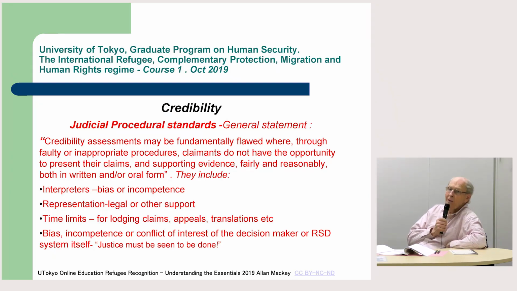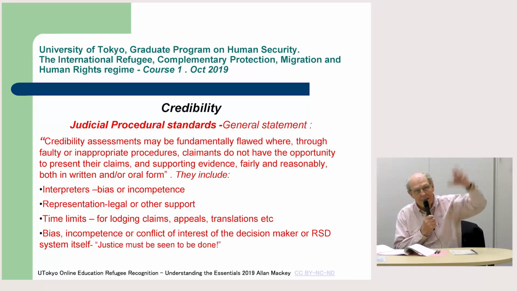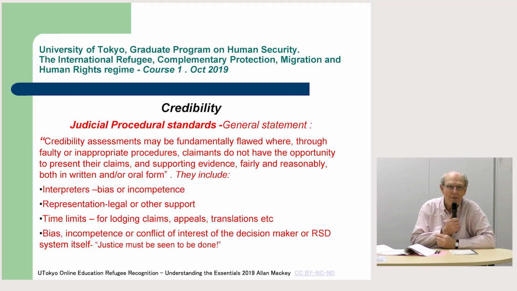The incompetence one will usually come out very quickly when they put their hand up and say, I'm not, not saying that. And poor representation or legal support. I gave a good example a moment ago, where the guy manufactured a story for this fellow.